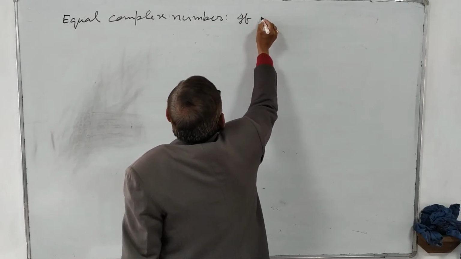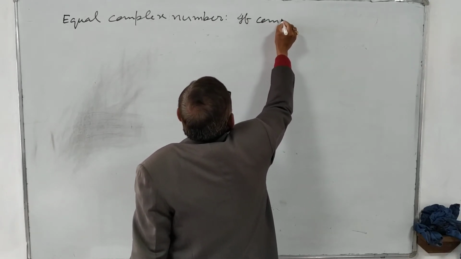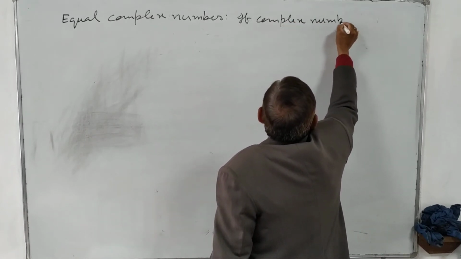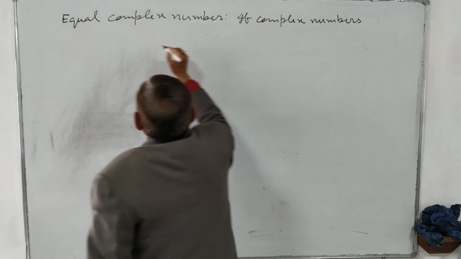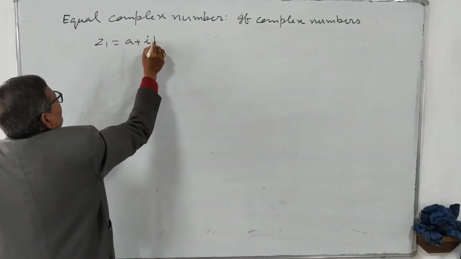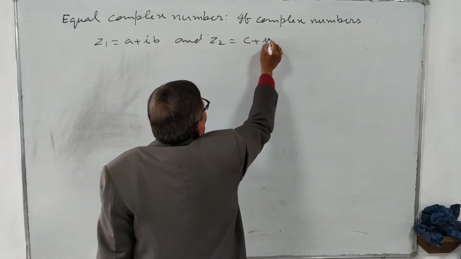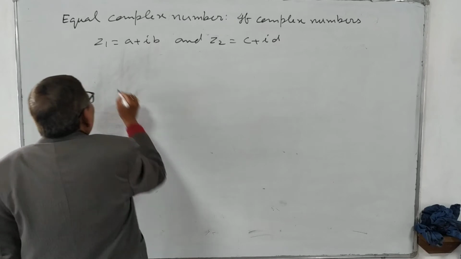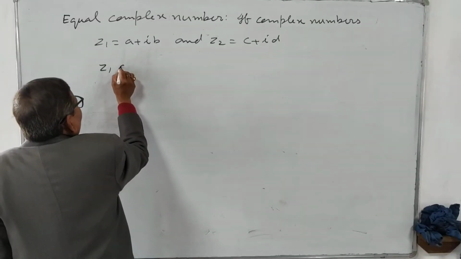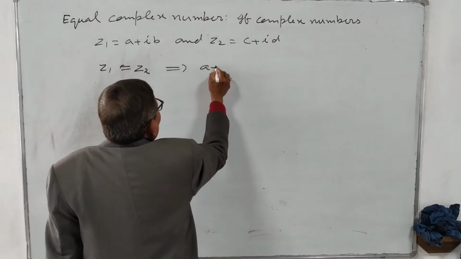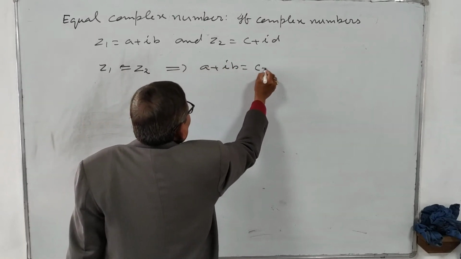If complex numbers z1 equal to a plus ib and z2 equal to c plus id, z1 equal to z2 implies that a plus ib equal to c plus id.